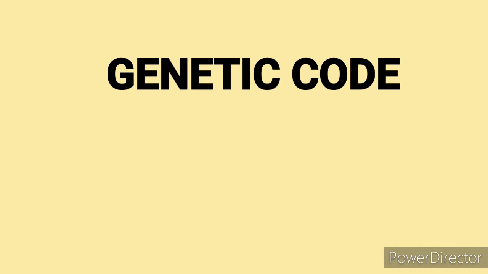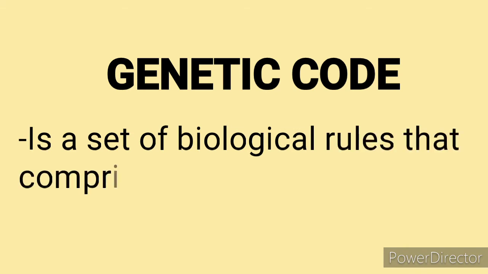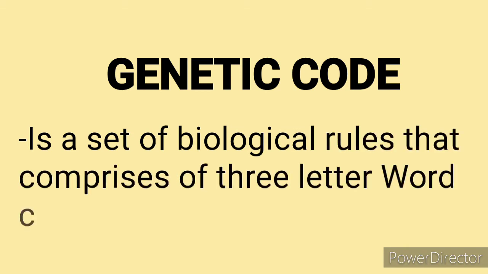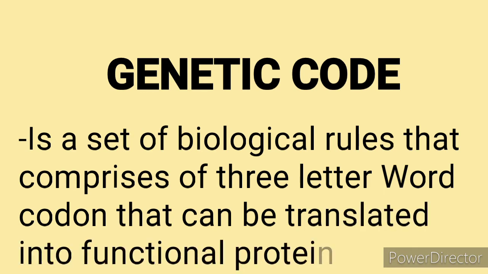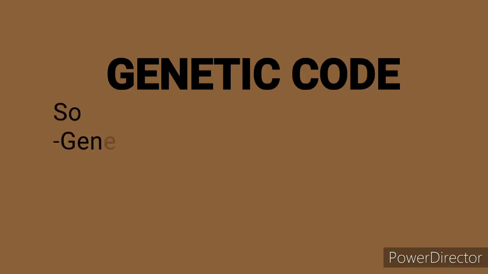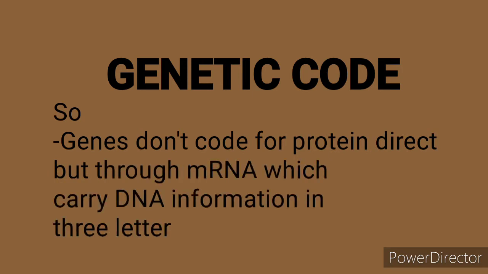Now, to start with, the definition of a genetic code is as follows. It's a set of biological rules that involves three-letter words, which comprise DNA nucleotide base pairs that are translated to a functional protein. So, a protein is not formed directly from DNA.